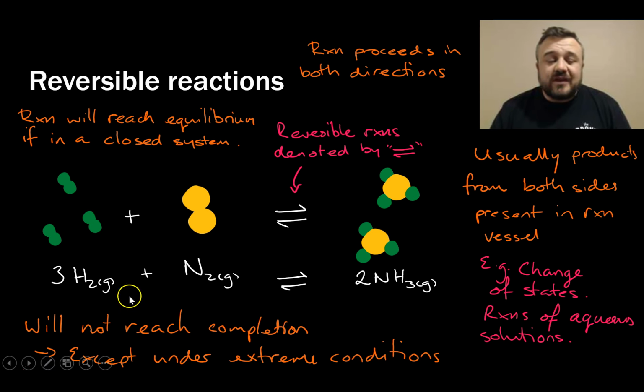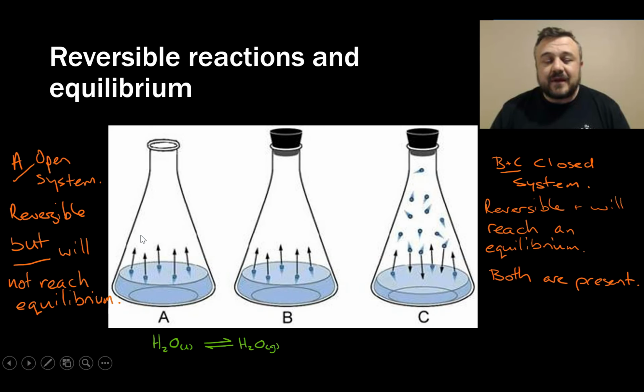In other words, except under extreme conditions, you'll never use up all of the reactants and have only products. That's what completion means. And completion means that once you've reached completion, these reactants here aren't converting back into the products. As soon as the energy from the extreme conditions change, they'll start going back the way they were.